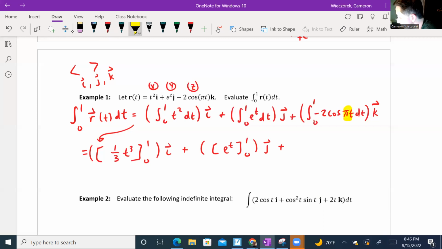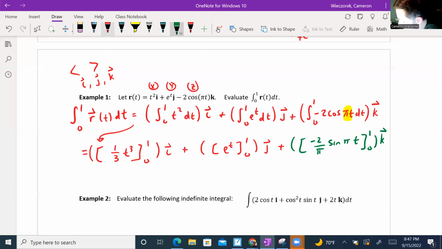Your u in this case would be pi times t. If you go through the u-substitution, though, you're going to end up dividing out by pi. So we're going to end up with negative 2 over pi sine pi t. The antiderivative of negative cosine would be negative sine pi t from 0 to 1.